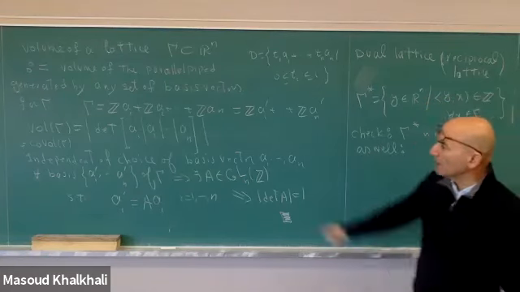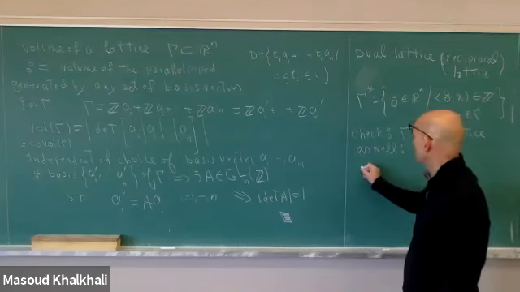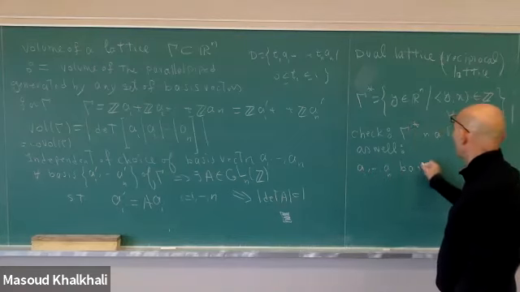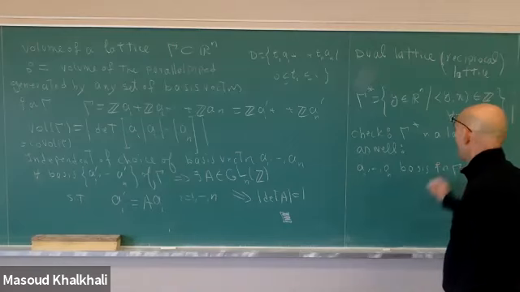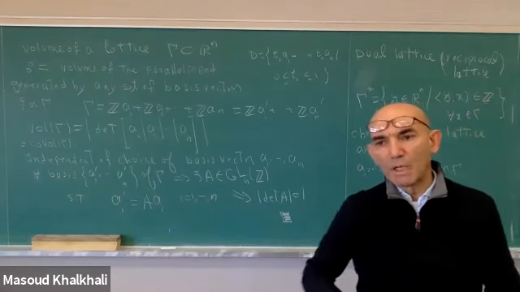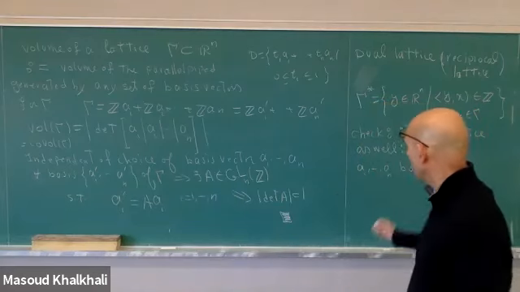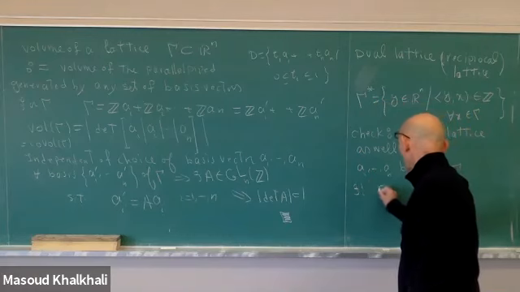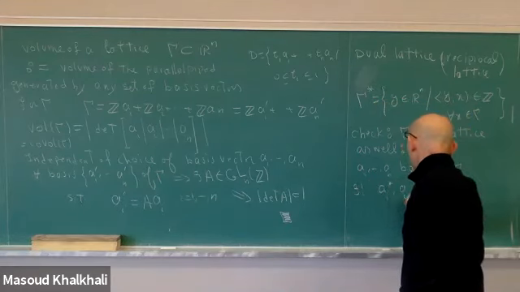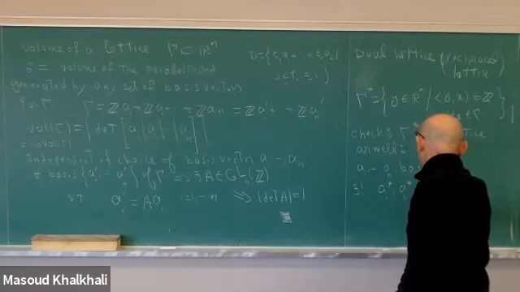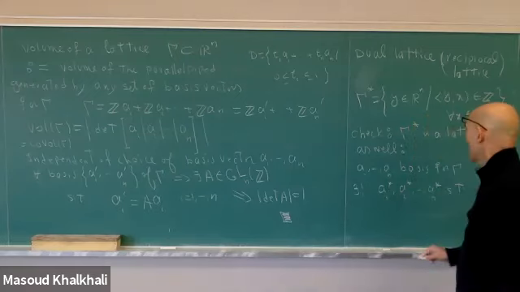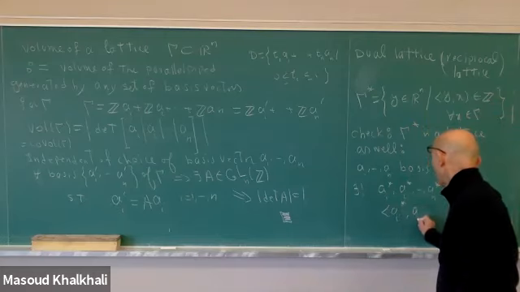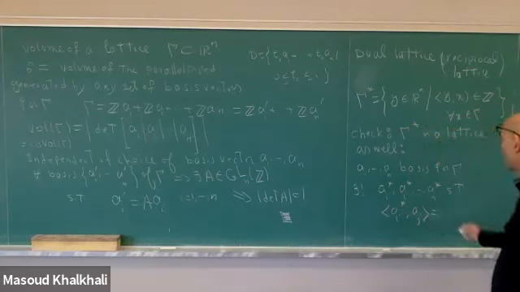If you pick a basis for gamma, we can pick a unique set of vectors a1 star, a2 star, ..., an star, such that they have this property that the inner product of ai star and aj is equal to delta ij.